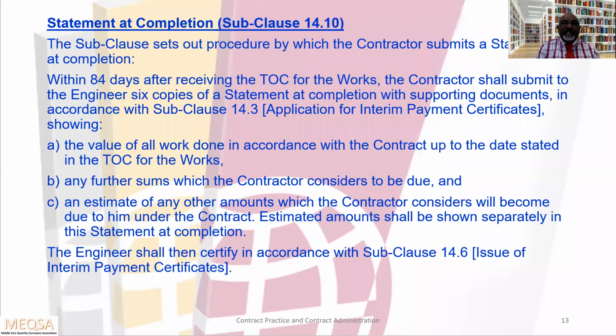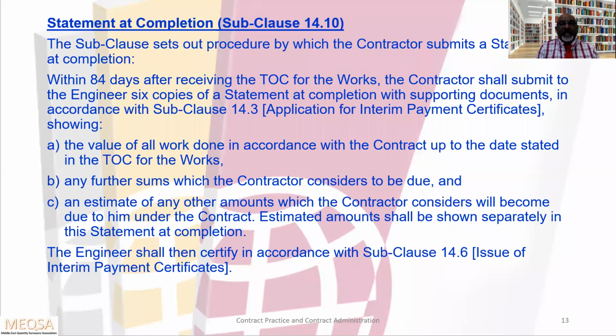Within 84 days after receiving the TOC for the works, the contractor shall submit to the engineer 6 copies of the statement at completion with supporting documents in accordance with subclause 14.3, application for interim payment certificate, showing that A, the value of all work done in accordance with the contract up to the date stated in the TOC for the works.